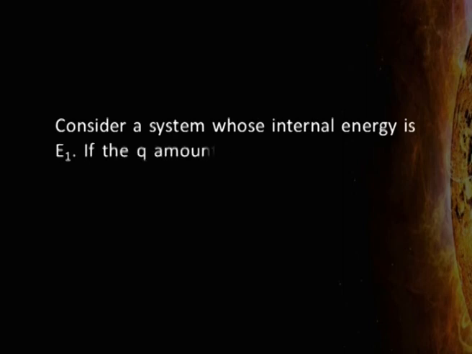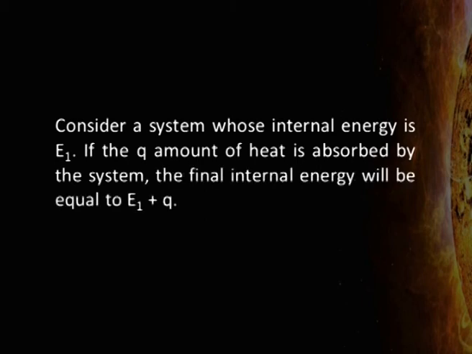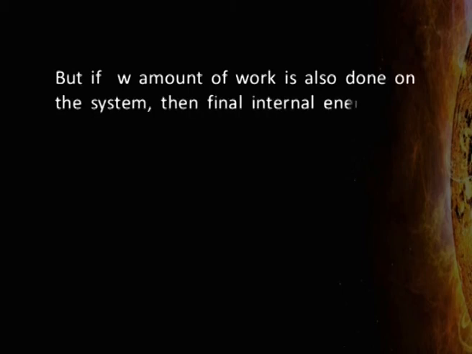If Q amount of heat is absorbed by the system, then final internal energy will be equal to E1 plus Q. But if W amount of work is also done on the system, then final internal energy will be equal to E1 plus Q plus W.